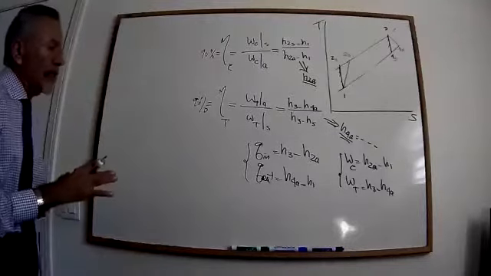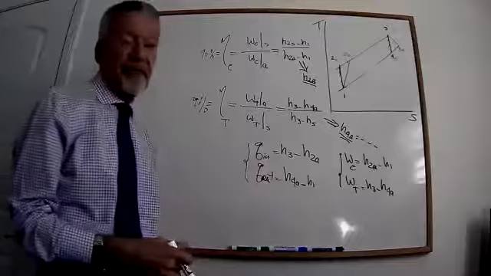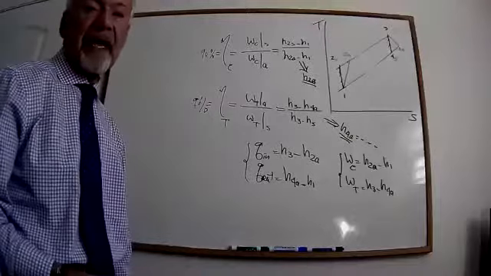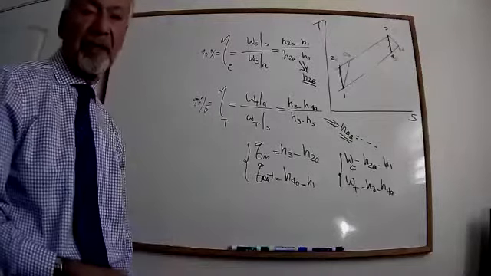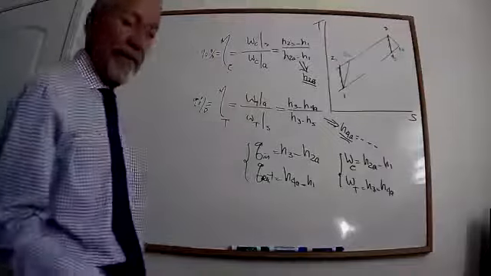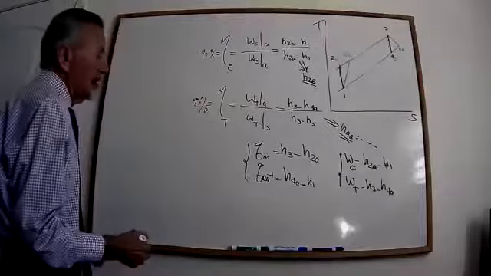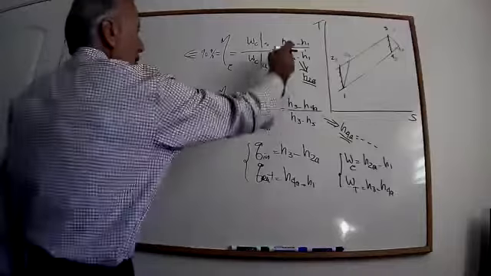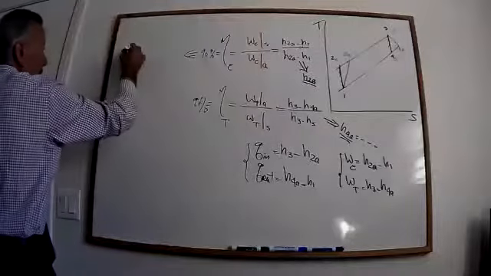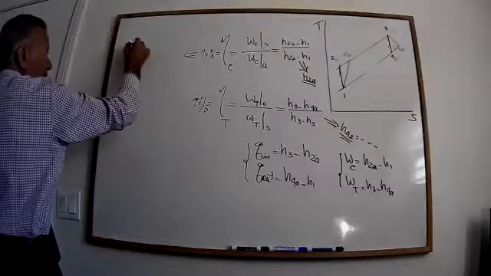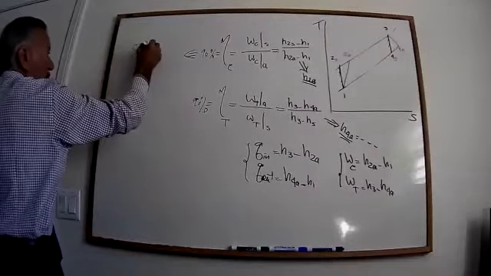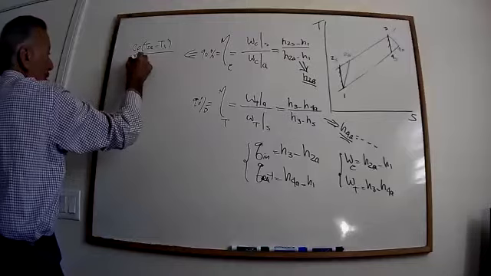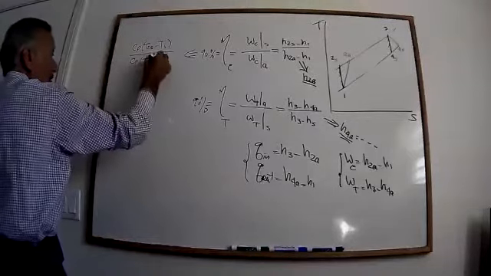Now, this is under the condition when Cp and Cv are not constant. What happens if Cp and Cv are constant and we're using the heat transfer equation? How do we do this? Now, you remember, the isentropic work of a compressor would be Cp times T2s minus T1, divided by Cp times T2a minus T1.